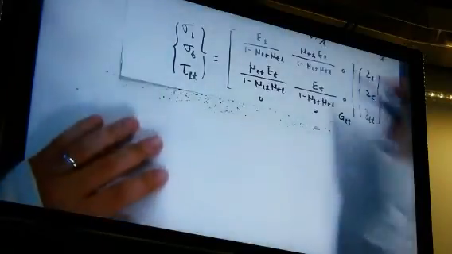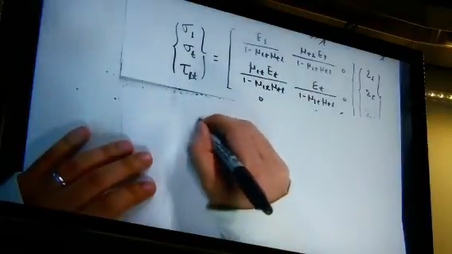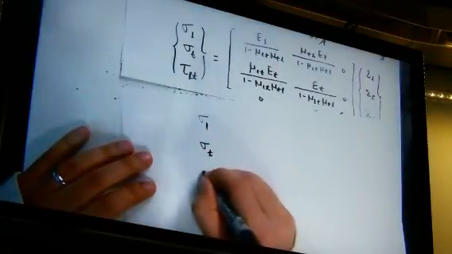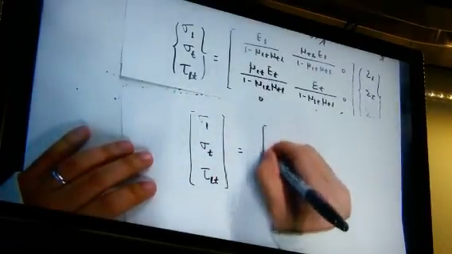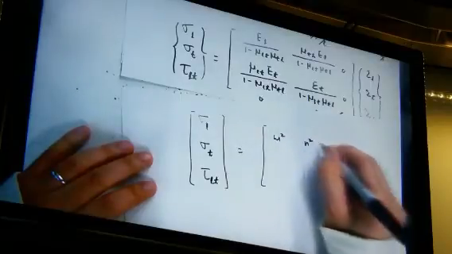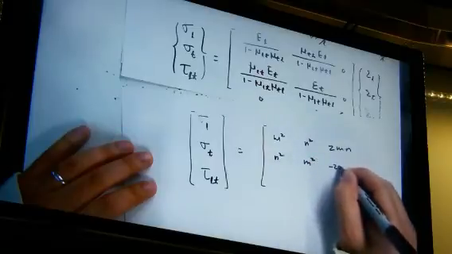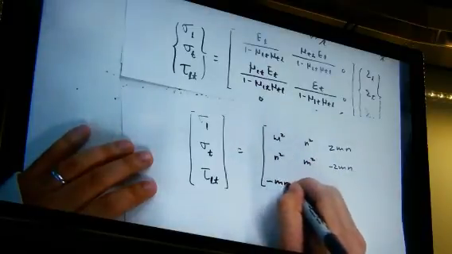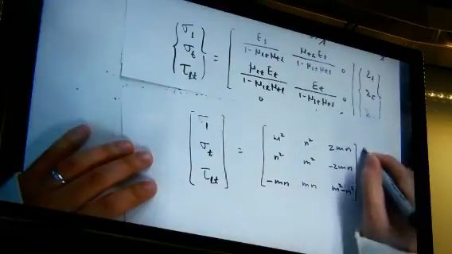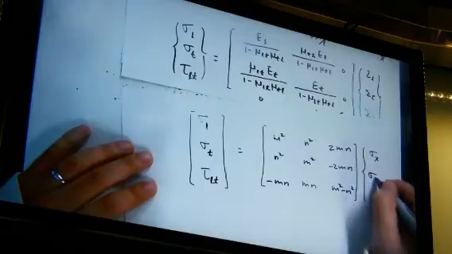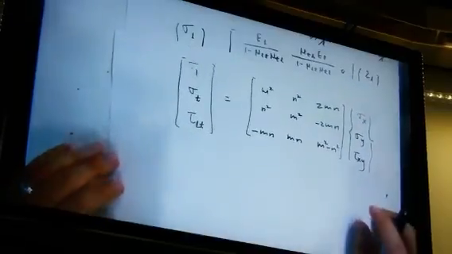And then from this equation, we use the stress transformation equation to get sigma L, sigma T, tau LT, equal to the matrix m square, n square, 2mn; n square, m square, minus 2mn; minus mn, mn, m square minus n square, times sigma x, sigma y, tau xy.